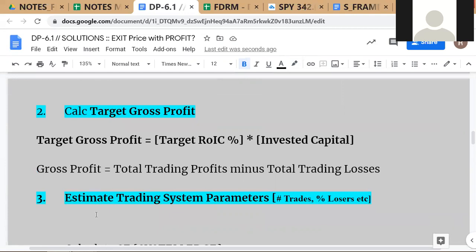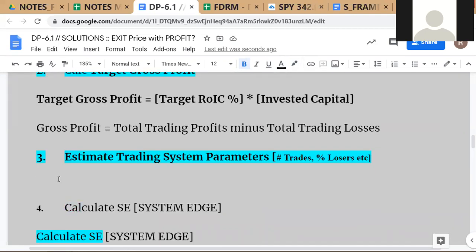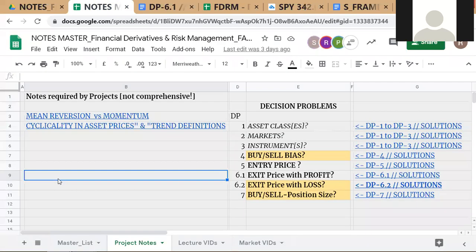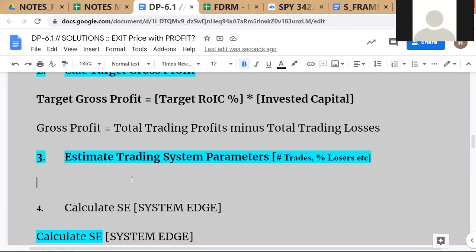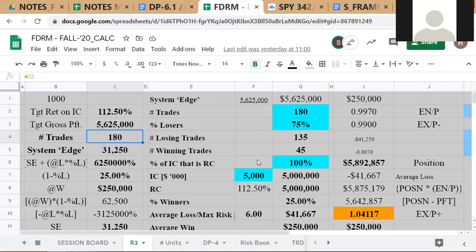Once you get that, then you estimate the trading system parameters, which is all these things you have to project. Estimate trading system parameters, which means you have to project the number of trades and what percentage will be losers.